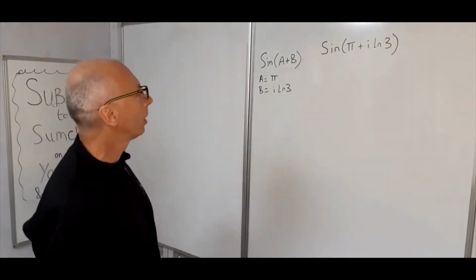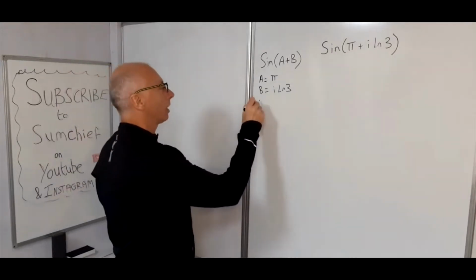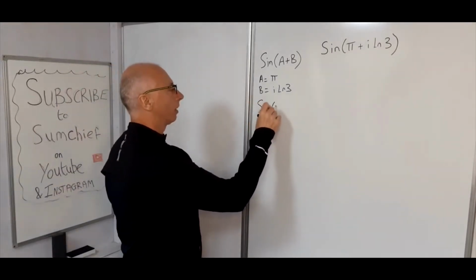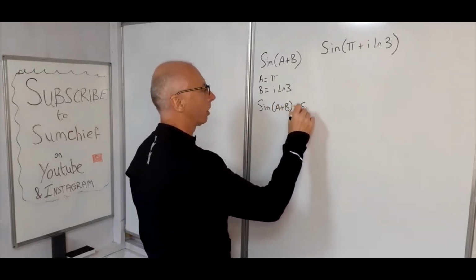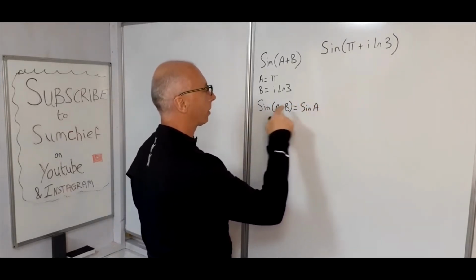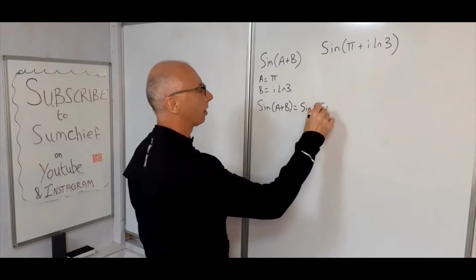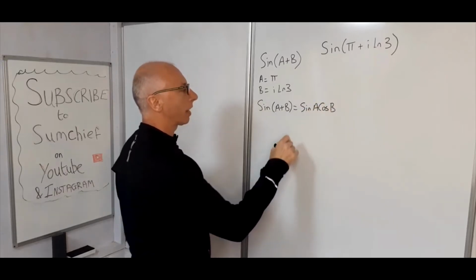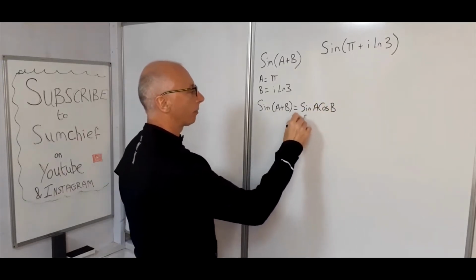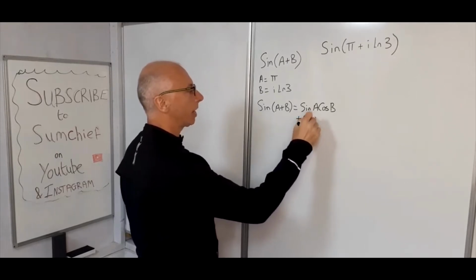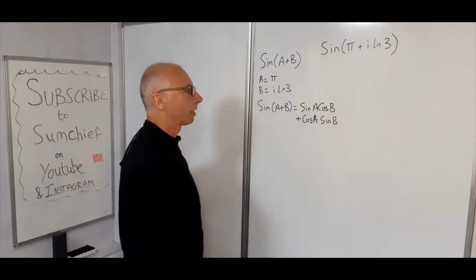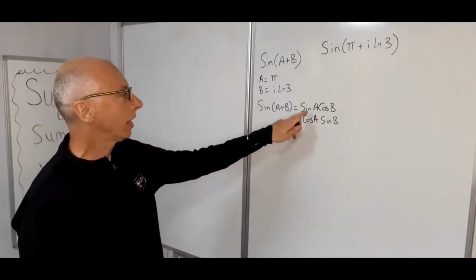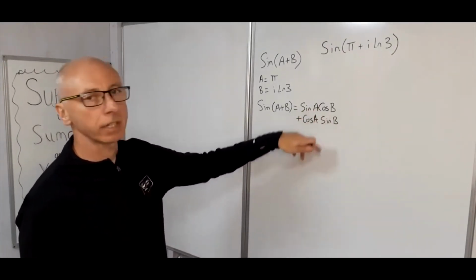Now the double angle formula for sine is sine of A plus B equals sine A times cosine B, multiplied together, and add them with cosine of A and sine of B. So a nice easy formula to remember there. It's just sine and cosine and then flip the A and the B around each time.